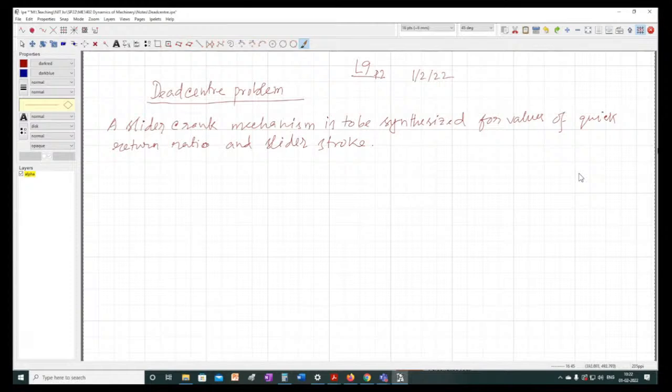Okay, so what is given? Quick return ratio and slider stroke. These two things are given.